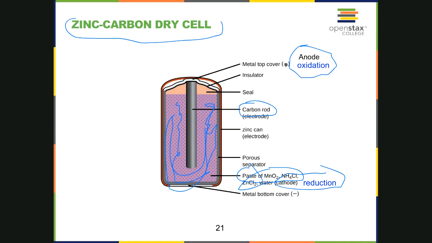You may have to keep the cells upright because they're not really sealed up. There are lots of restrictions, whereas with a dry cell, this thing can be in any orientation. Turn it upside down, whatever, it still works. So this was an important development.